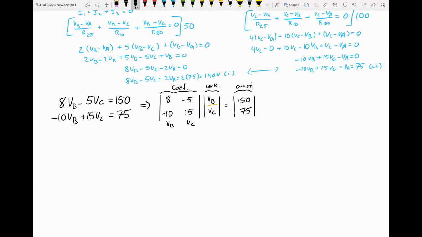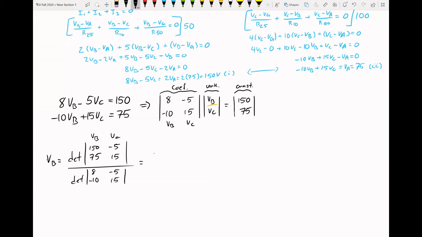So if we want to solve for V of B, let's say, we will do the determinant of, remember this is the V of B column, and we're going to replace it with a constant. So 150 over 75, V of C column, which was -5 and 15, over the determinant of the coefficient, so 8 minus 5 over -10, 15.